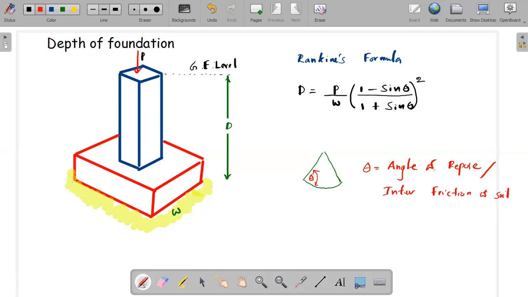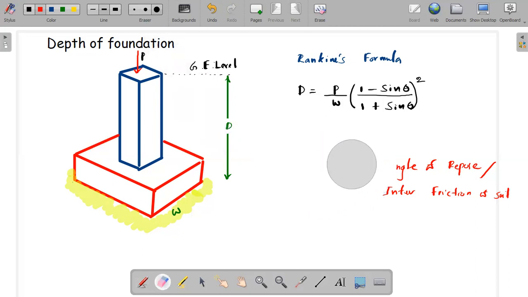So we call this angle of repose or internal friction of soil. This is a variable. It depends on the soil. Normally it varies between 15 and 35 degrees. So that is theta, the angle of repose.